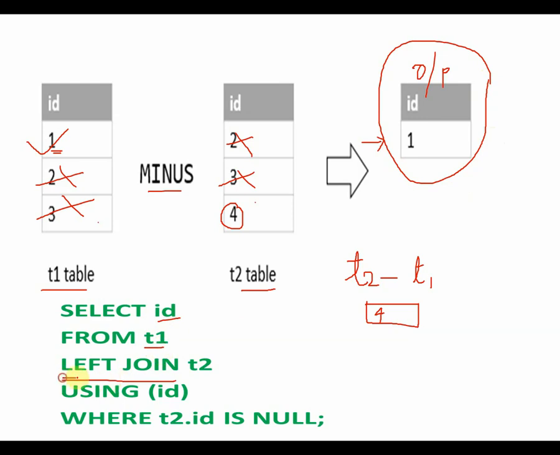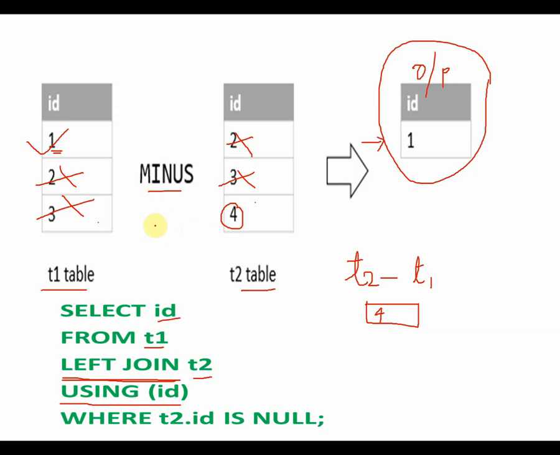We perform a left join on the T2 table, where the joining condition is the ID, and where T2.ID is null. Wherever T2.ID is null, those rows will be returned as the result.